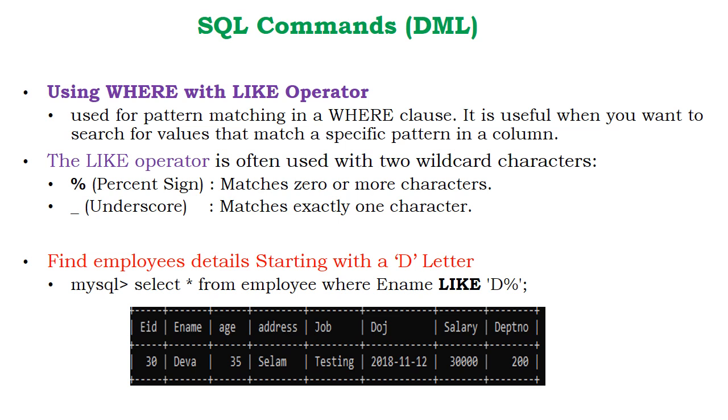For example, find the employee details starting with the letter D. Then I will write the query SELECT * FROM employee WHERE employee name LIKE 'D%'. It will verify any name that starts with D, then filter and show it.